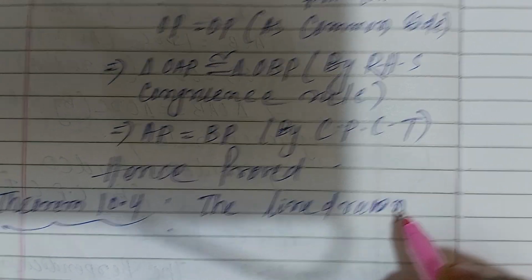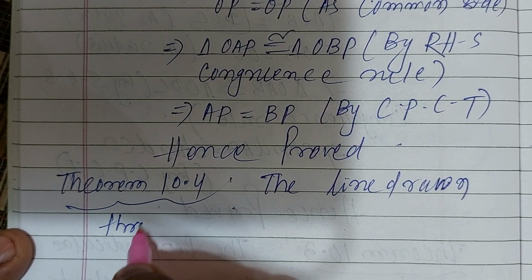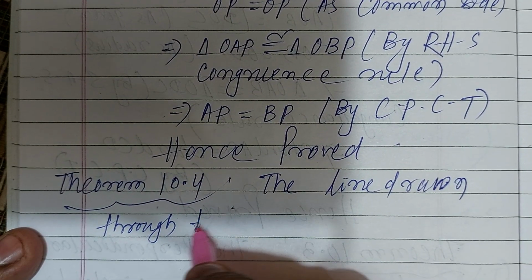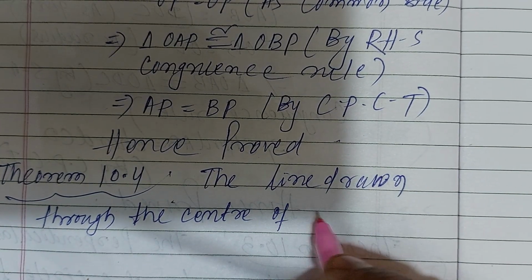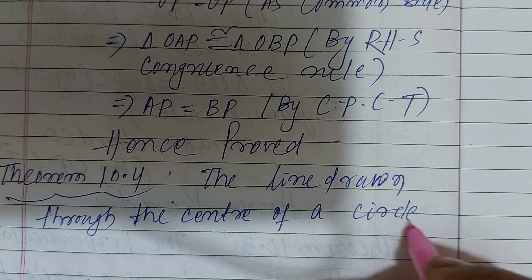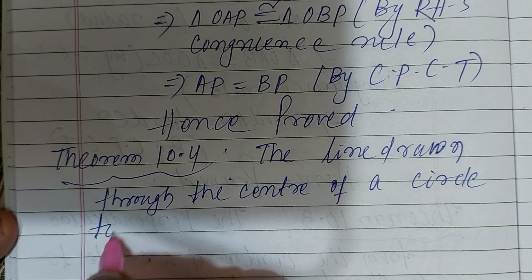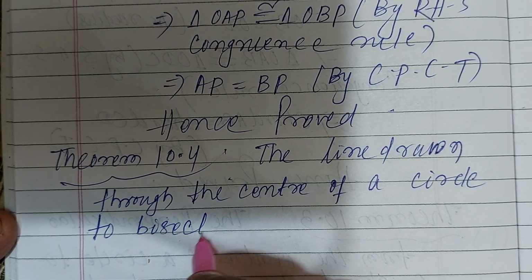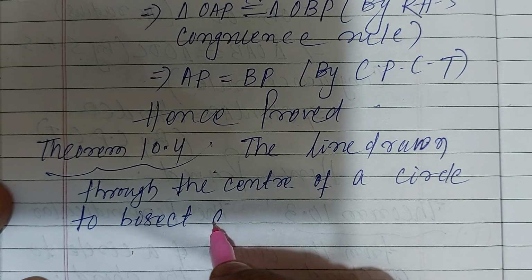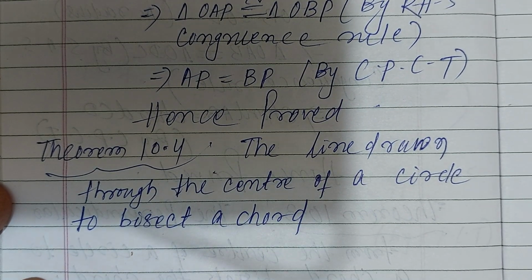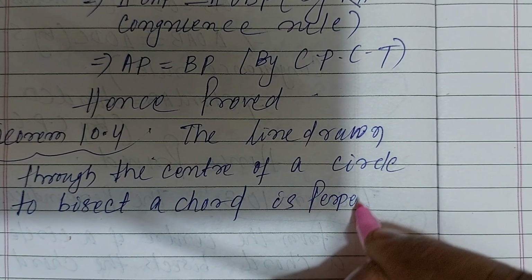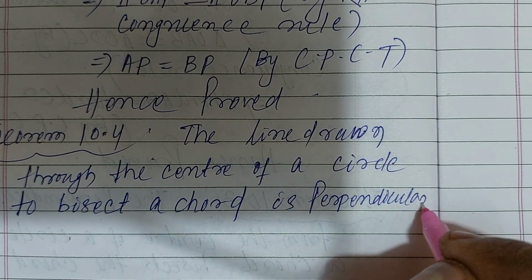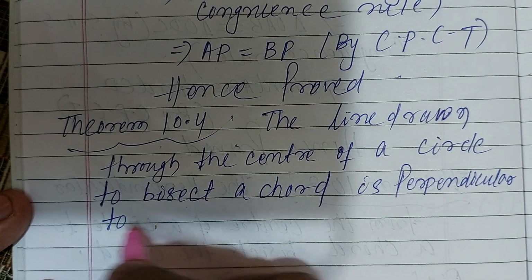The line drawn through the center of a circle to bisect a chord is perpendicular to the chord.